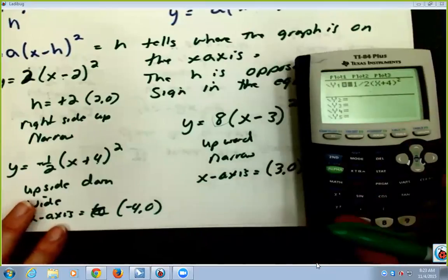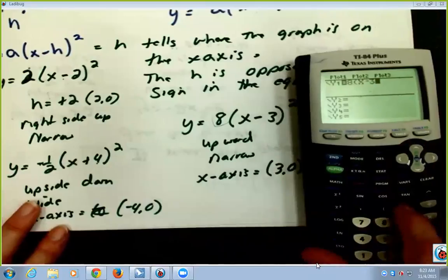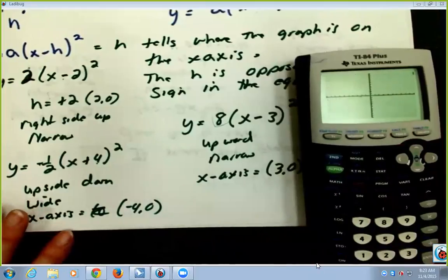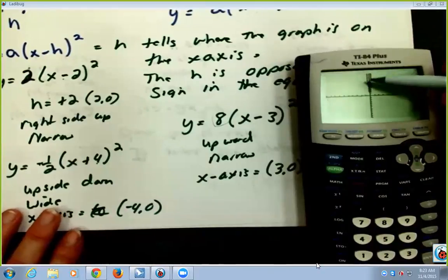So go to y equals, clear that piece out, and we're going to put in 8, parenthesis, x minus 3, parenthesis, square it, and if I look at what my graph shows me, notice it's very, very narrow. It's kind of wrapped around this whole piece here.